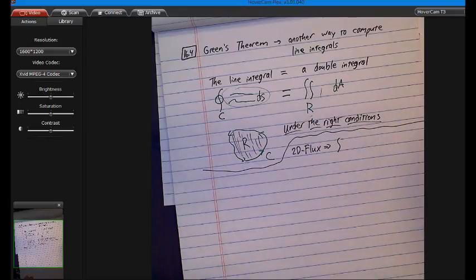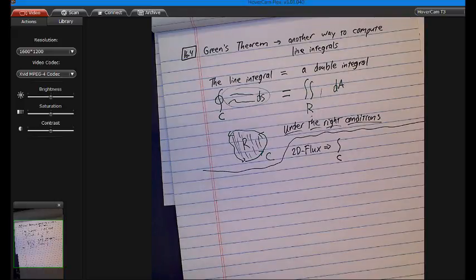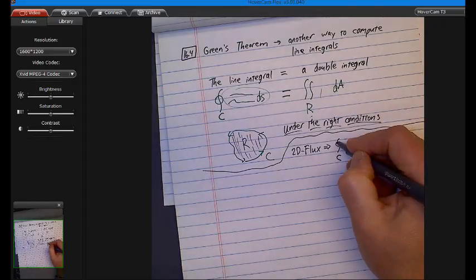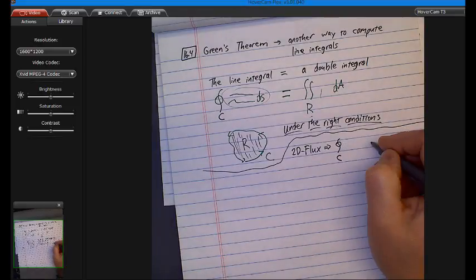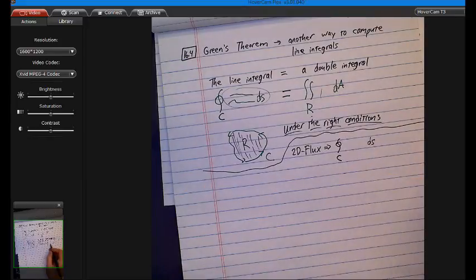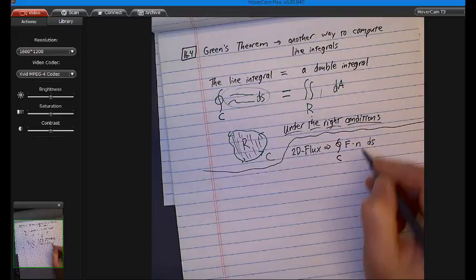So 2D flux, we can write as a line integral over C, and let me put the little round symbol to say it's a simple closed curve. I'll do that usually when I talk about flux. And do you remember what I said I was going to put here? ds, but do you remember what we had here for flux? It was F dot n.